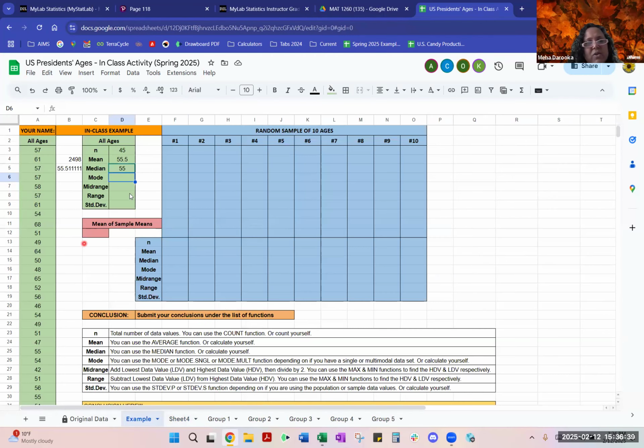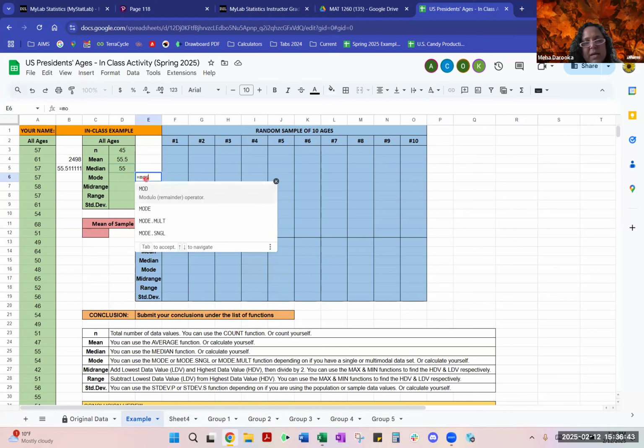So here's something I do want to show you. For the mode function, when you go equal to and type mode, you will see 3 different functions show up. You have mode dot multiple, where you have more than one mode, or mode dot single.